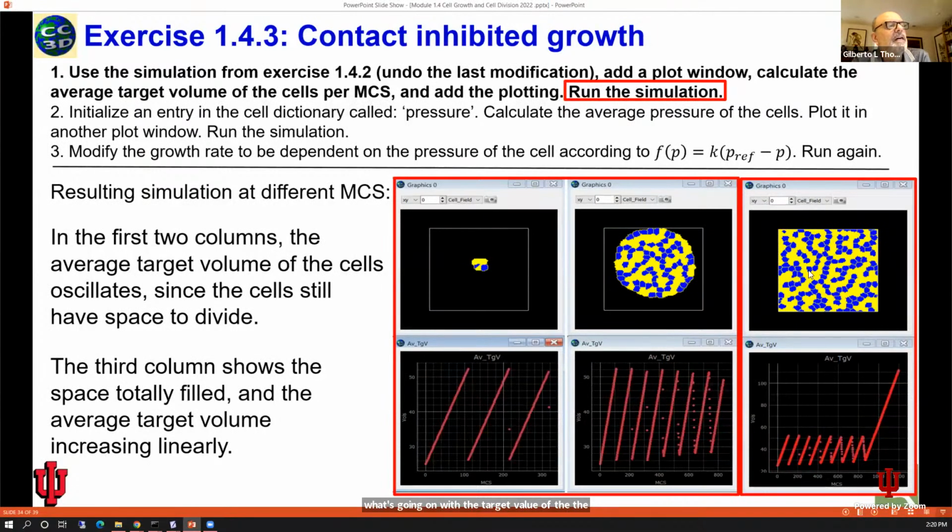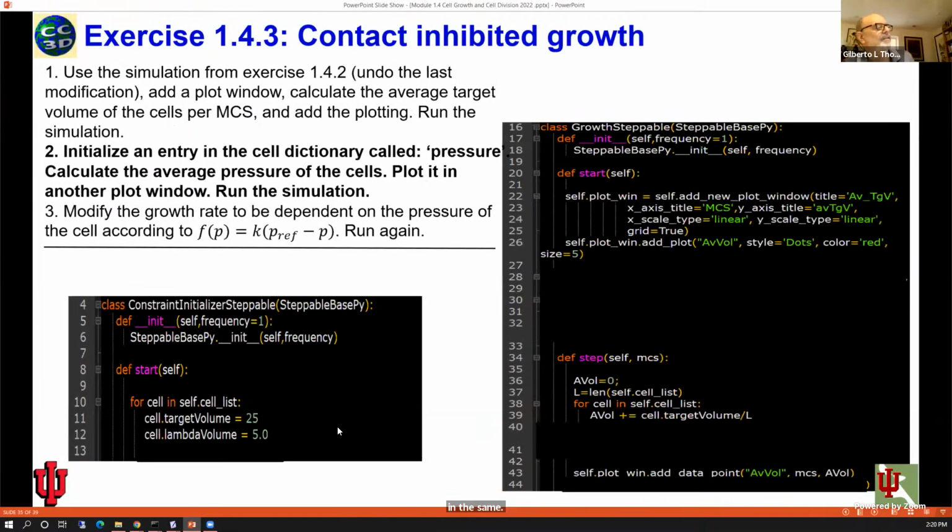if you have uncontrolled cell division, proliferation. The pressure. Now we are going to see what happens with the pressure in the cells. Let's say the following. Here, you initialize an entry in the cell dictionary called pressure. And let's do the same kind of things to observe the pressure in a plot window.